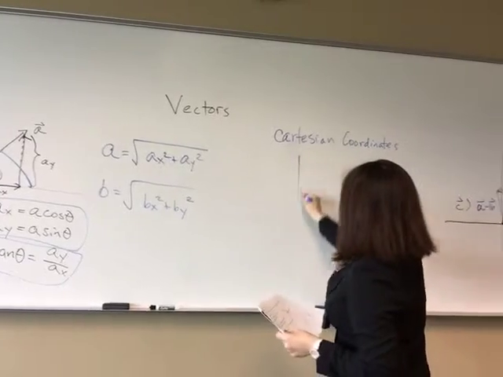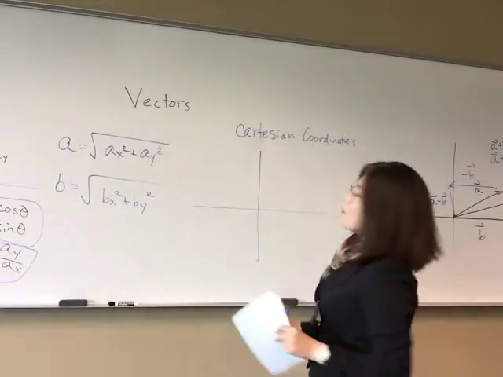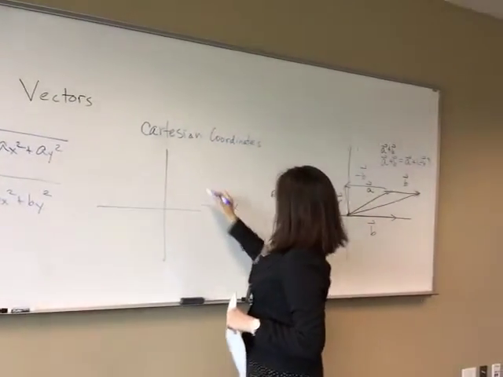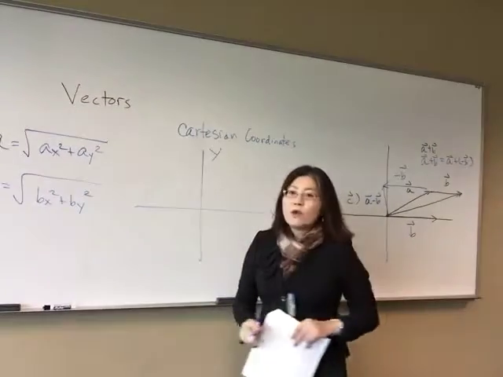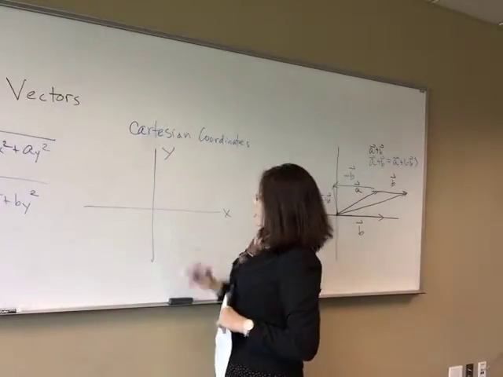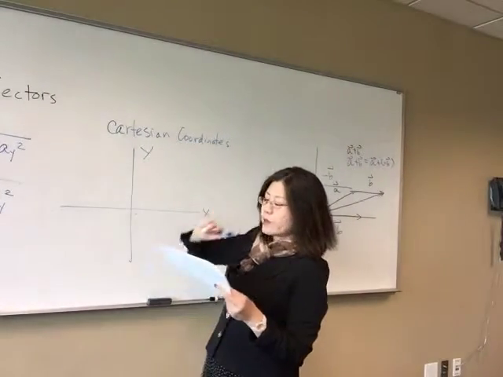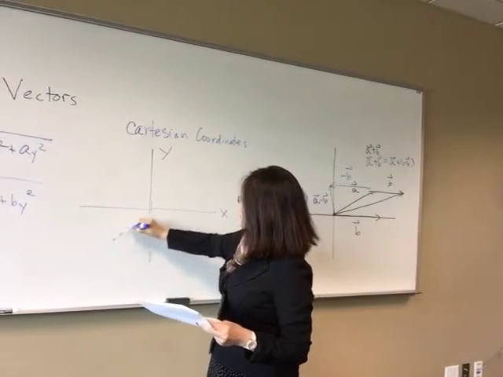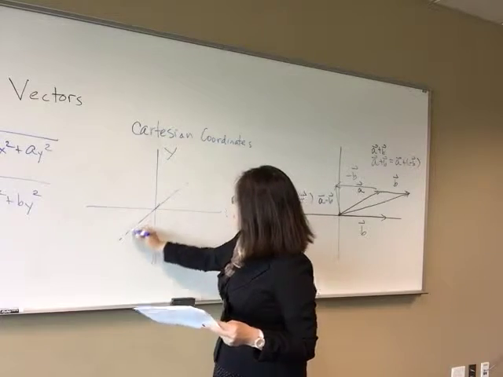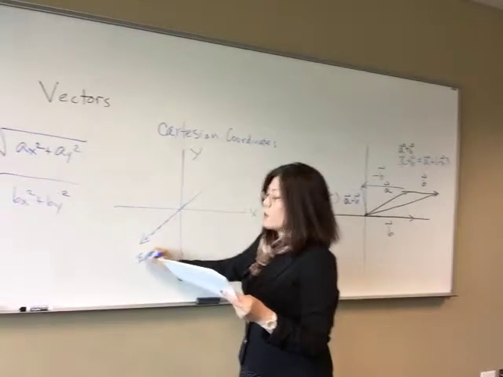On the x and y plane, you have your x, and this is your y. What happens if you're living in a three-dimensional world? You have the z. So where's the z? Your z is coming out of the whiteboard. So let me just draw this. It's coming out, and this is your z, okay?